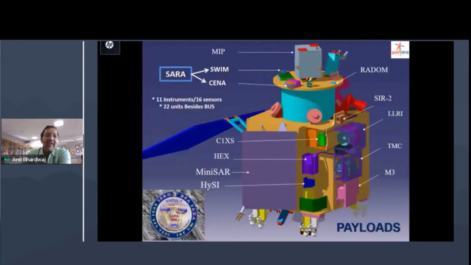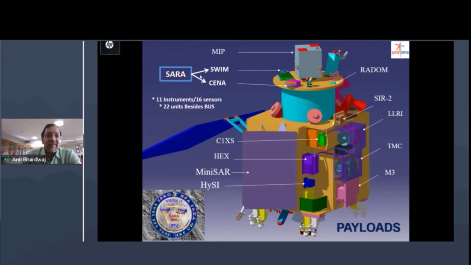Here you can see it much better. And it also had the moon impact probe, which is sitting on the top of it, which was itself a self-contained microsatellite, and which was released after Chandrayaan reached the moon orbit to land onto the polar regions of the moon.